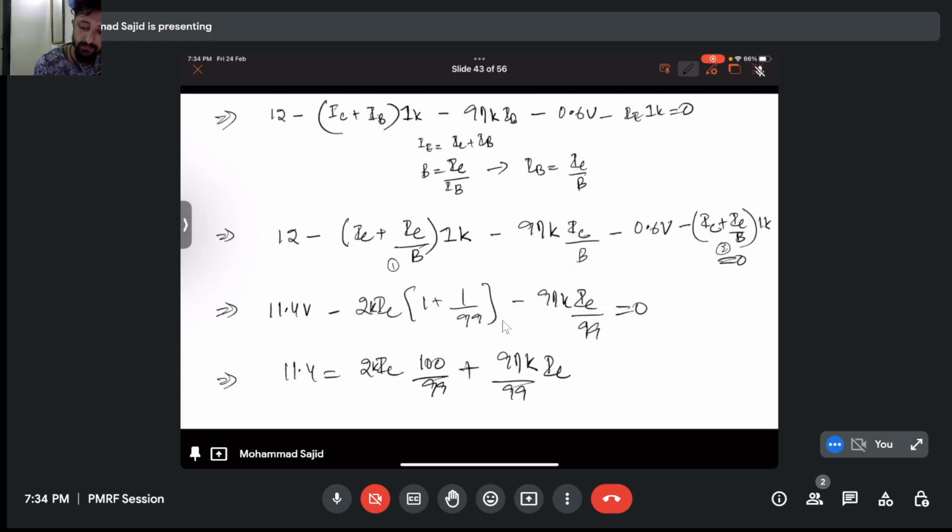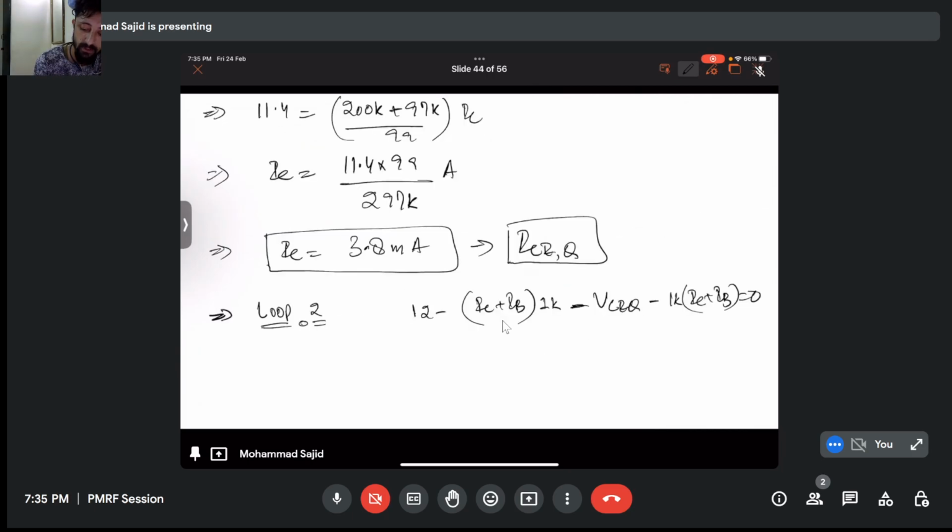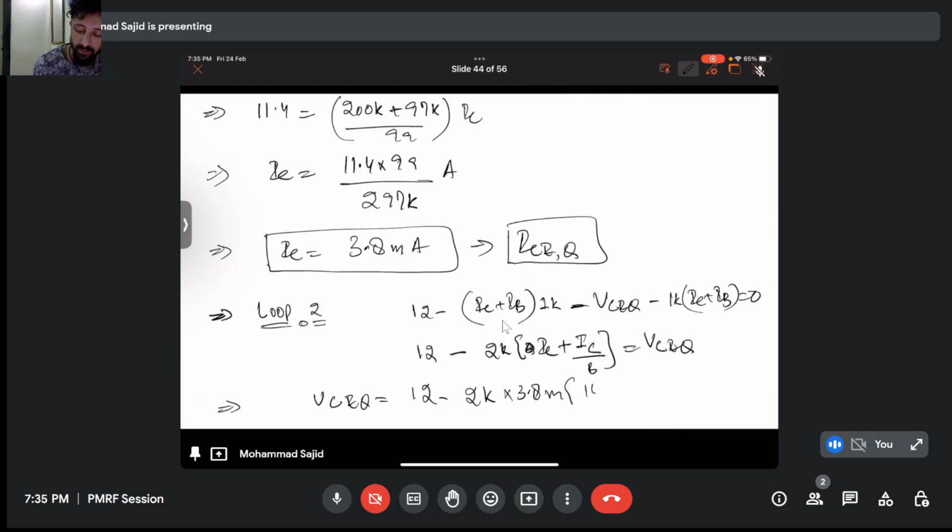Have I done it right? Yes, 12 minus 1K (IC plus IB), then VCEQ, then (IC plus IB) 1K. So this will be 12 minus 2K times (IC plus IB). IC is 3.8. Let me first write IC plus IB, where IB is IC by beta, is equal to VCEQ.